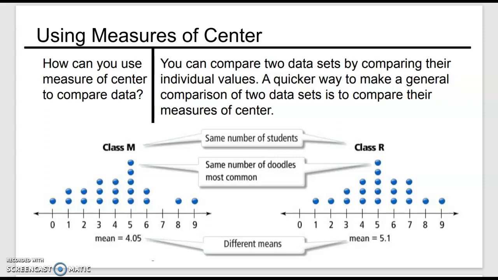We also see that they have the same number of doodles that are the most common. So again, that most common represents the mode of our data. But they do have different means. Class M has a mean of 4.5, while Class R has a mean of 5 and 1/10.